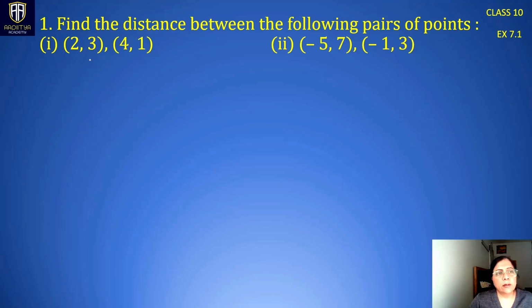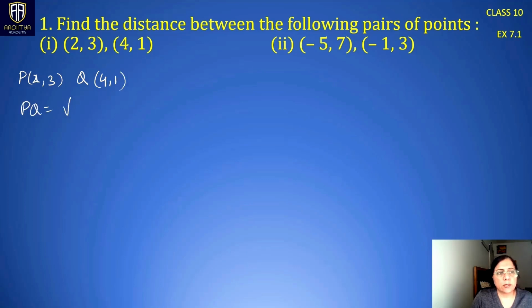So, find the distance between the following pairs of points. The first question is to find the distance. So, it is the direct application of the distance formula. I'm writing it here. Let this be the point P, which is (2, 3). Let the second be Q, which is (4, 1).